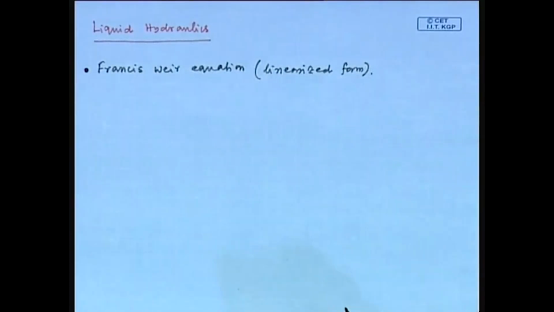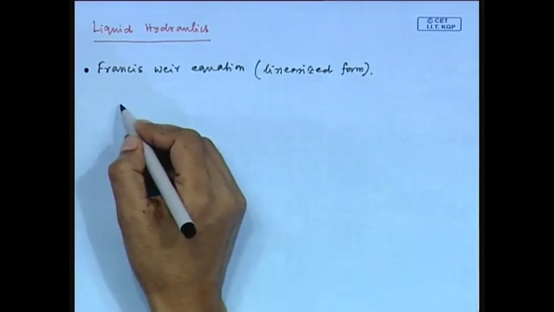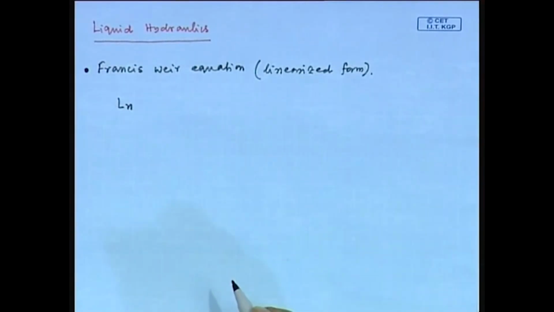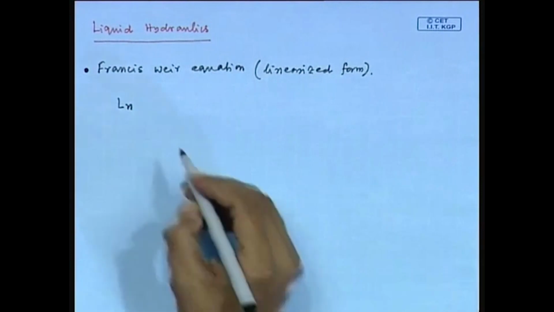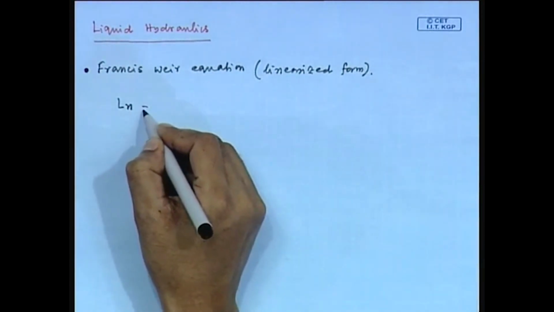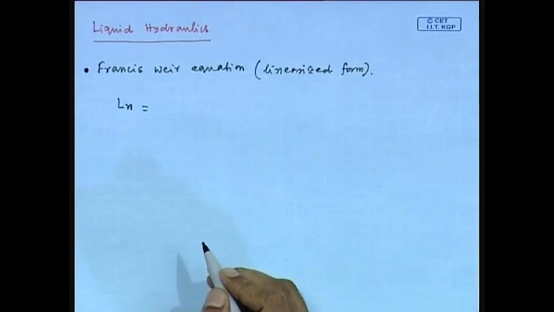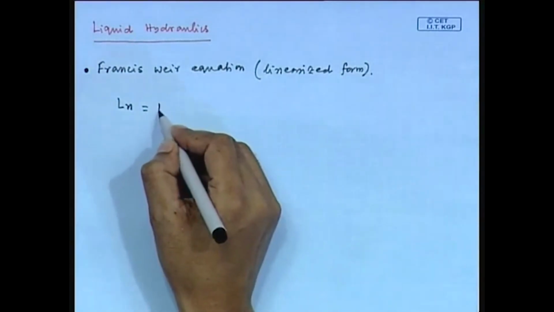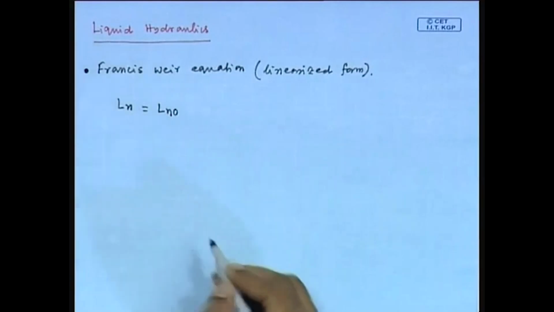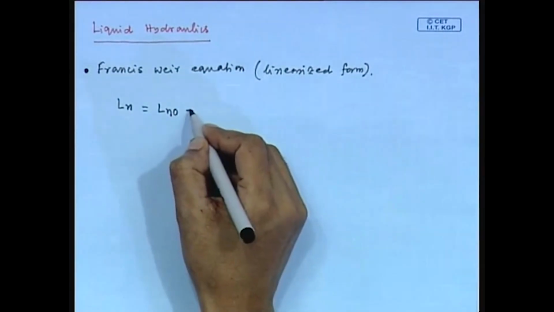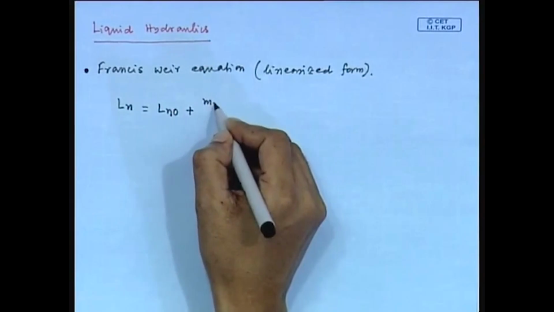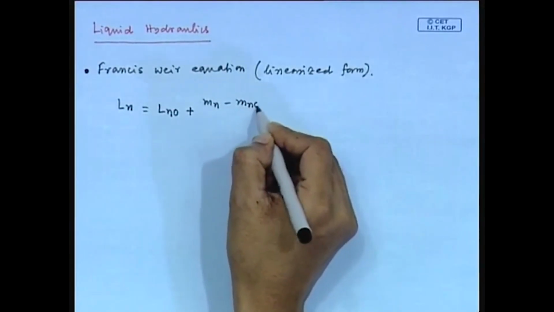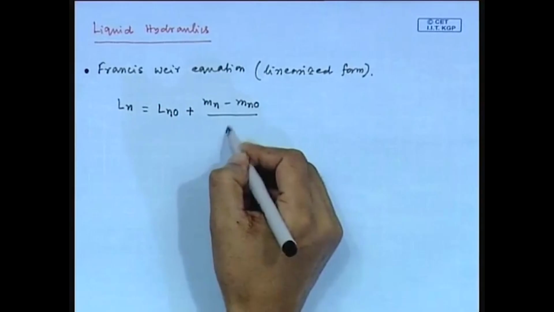So, if Ln is the flow rate of a liquid leaving nth stage, then the Francis-Weir equation correlates Ln equals Ln naught plus Mn minus Mn naught divided by beta.